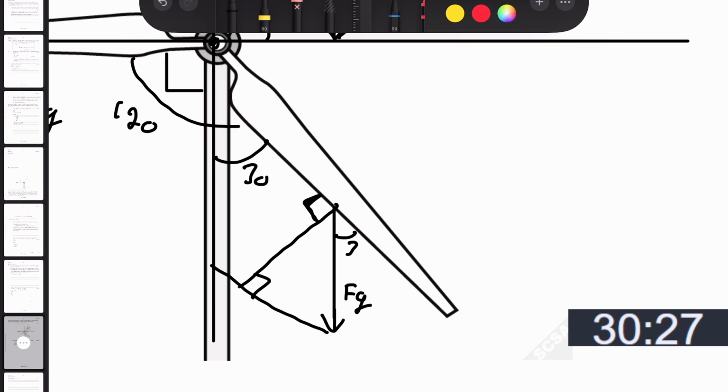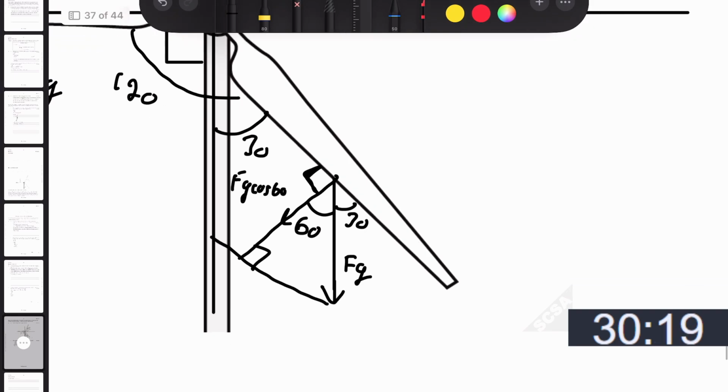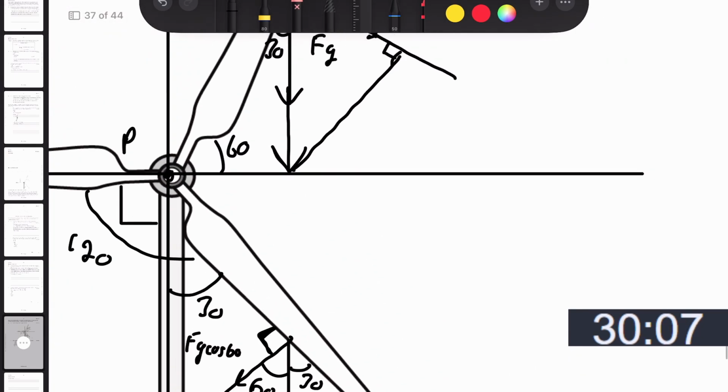Then this will have to be 30, so then this is 60. So then this is also Fg cosine of 60. I think. What's Fg cosine of 60, guys? Yes, it's a half. Okay, now we're cooking.